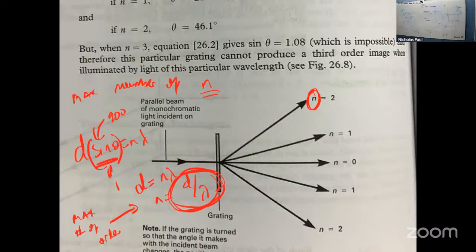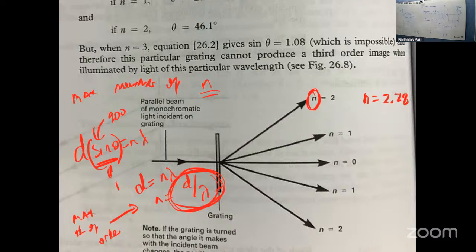What do you get? 2.78. So what is this saying? This is saying the largest possible order is 2.78. So when you round that up, what will you get?